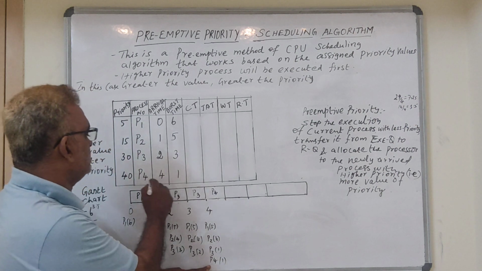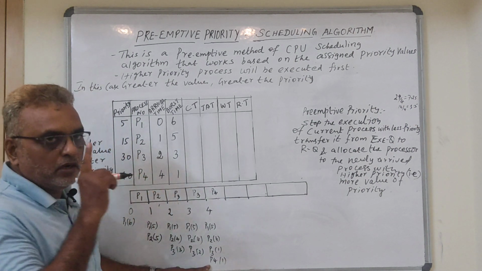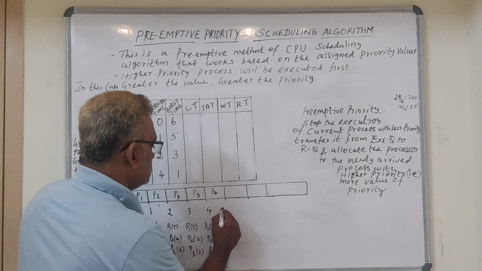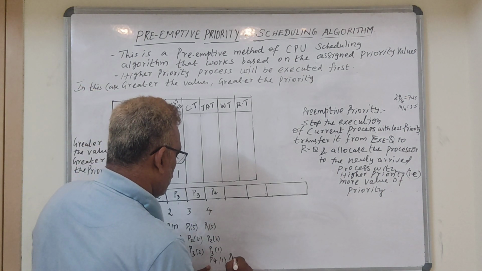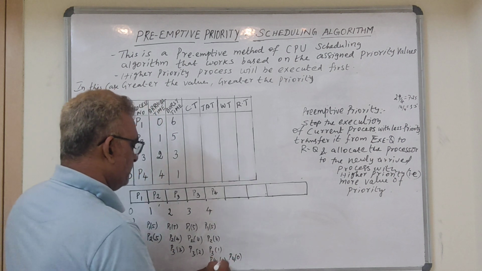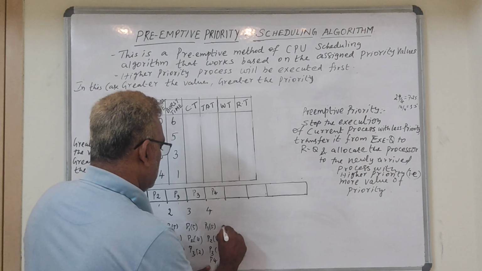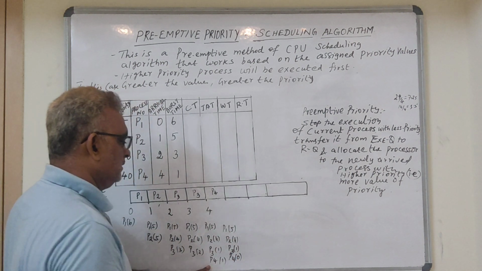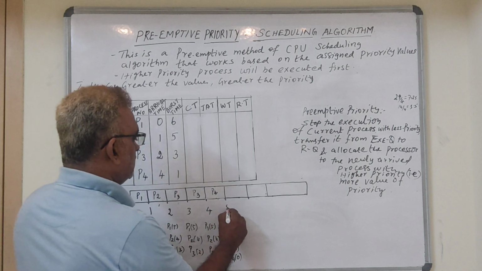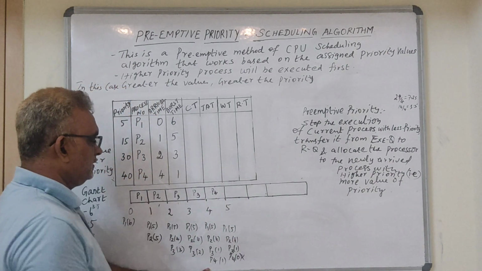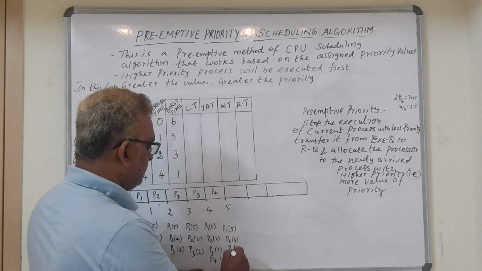P4 requires only 1 millisecond of burst time, so with this P4 completes its job. The remaining processes are P3 with 1, P2 with 4 and P1 with 5 milliseconds. At 5, P4 is over. Now we have 3 processes.